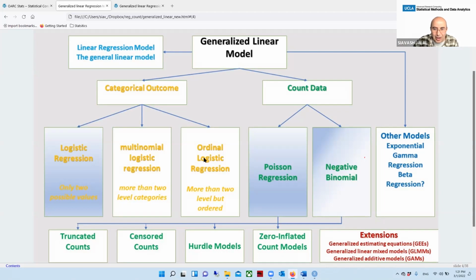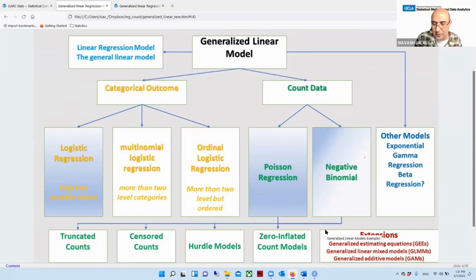But they all come under this generalized linear. Not that these are exactly part of generalized linear model, but they are related. Even linear mixed model is somehow related to generalized linear model, but that's another story.